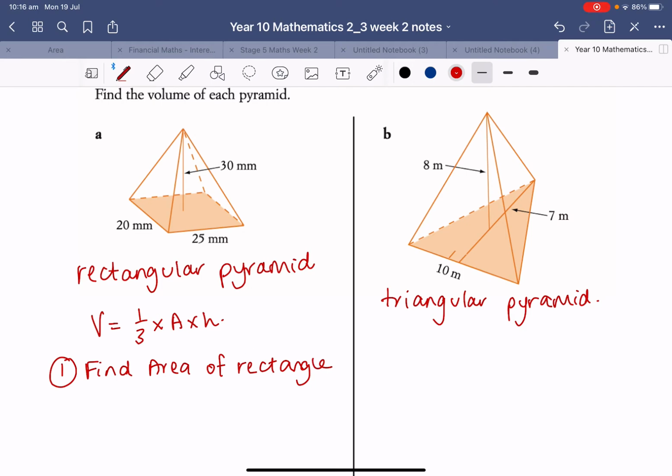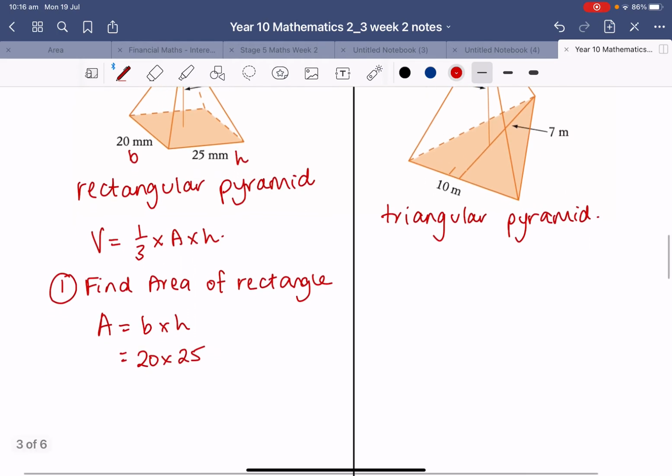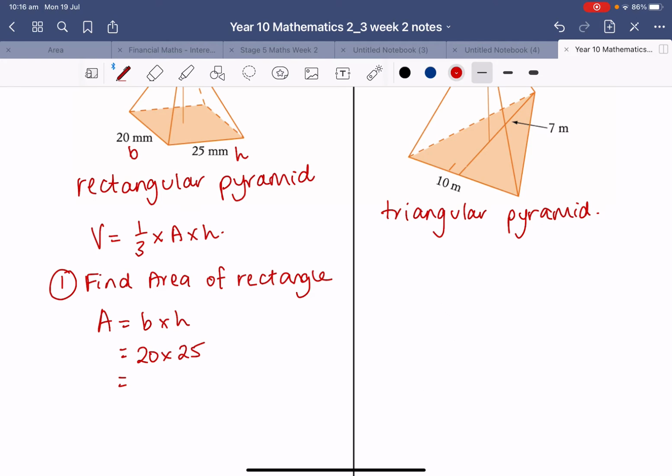The area of the rectangle is base times height, which in our case is 20 times 25, which equals in the calculator 500 millimeters squared because we're working with area.